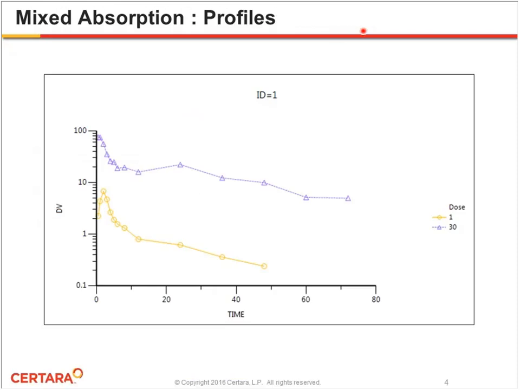This is a profile of the first subject. This subject received 2 doses, 1 unit and 30 units. From this low dose profile, you see you've got an absorption, and this is a semi-log plot. You see there are 2 slopes, so we have 2 compartments.